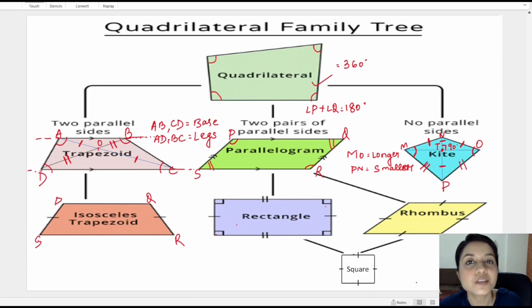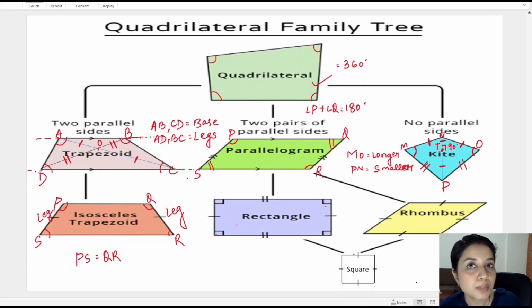So here isosceles trapezium means a trapezium having two sides same. Here the two sides will be the legs. Here the legs of the trapezium will be of the same length. Leg PS will be equal to the length of the leg QR. Apart from this, it will follow all the properties of a trapezium.